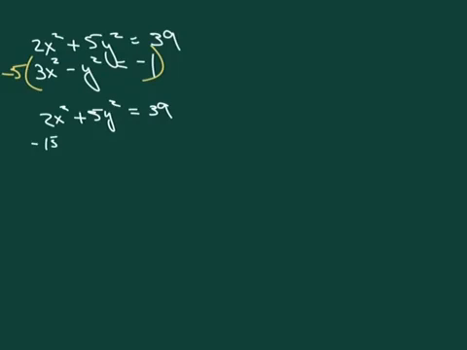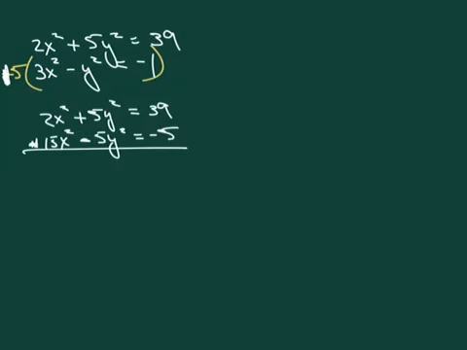Negative 15x squared minus, oops, gosh, what did I do? That should be a plus 5, not a minus 5. That'll give me minus 5y squared equals negative 5. That makes this a plus 15, doesn't it? Sorry about that. I wasn't thinking as far as getting my negative right here. So I multiply it by a positive 5 so that this stays negative.